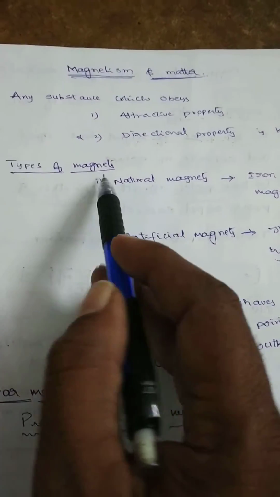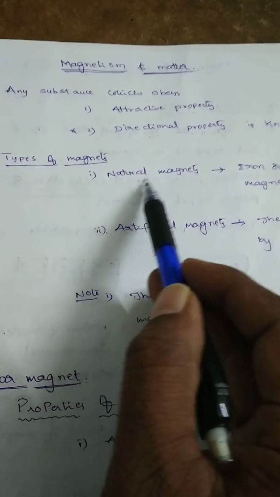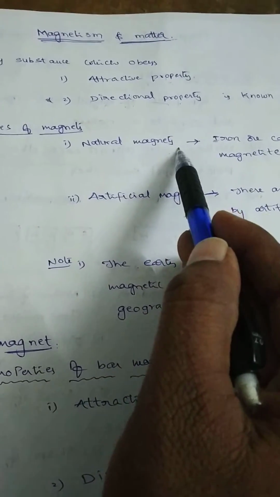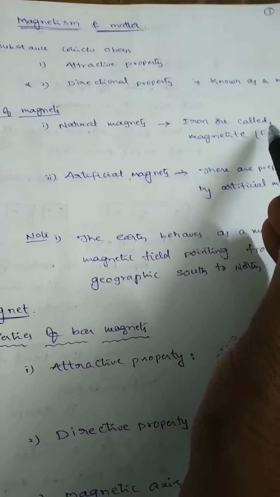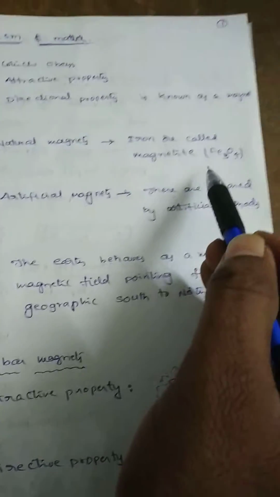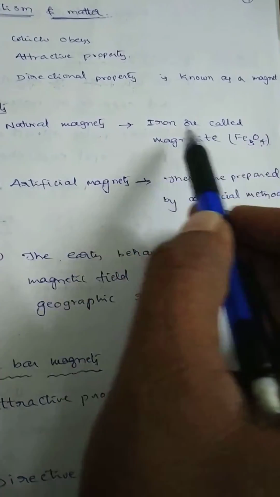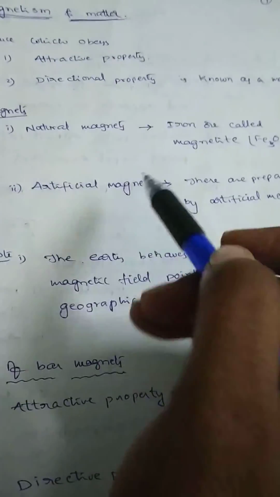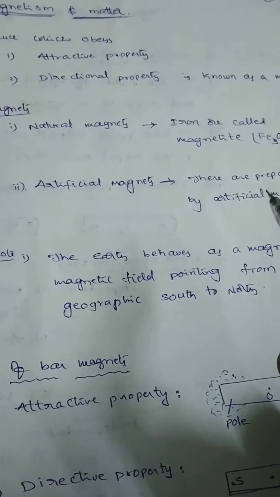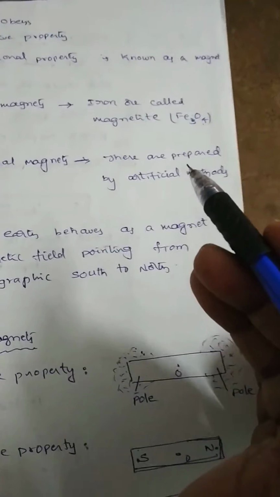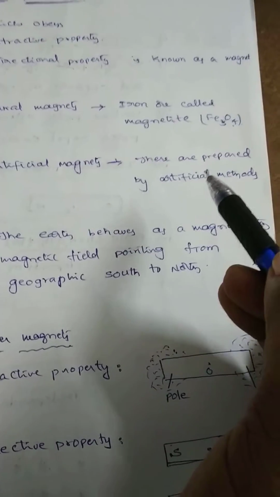Now, what are the types of magnets? First one, natural magnets. Natural magnets means iron ore which is known as magnetite, like Fe3O4. It is taken as the natural magnet. But by some artificial methods, some magnets are made which are used in the electrical appliances.